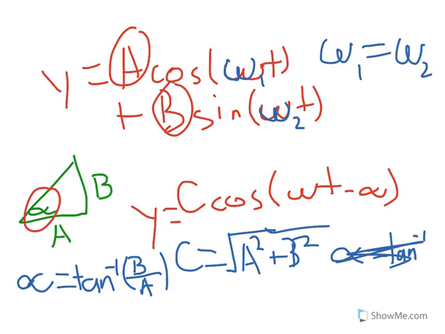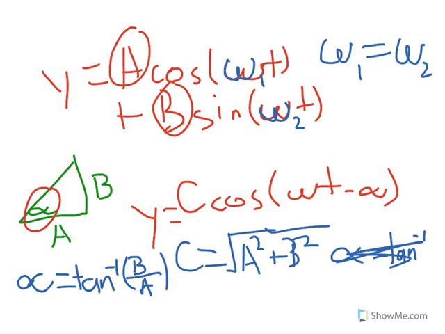Be sure to note, though, that alpha is in radians, since omega t is a dimensionless quantity. So you have frequency, which is radians per second, and time, which is in seconds, or it doesn't have to be seconds, it can be in minutes, hours, whatever. So you end up with radians regardless.